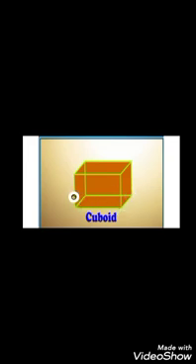Now heights. 9, 10, 11, 12. So like a cube, it also has 12 sides and the same 6 faces. Let's count the corners too. 1, 2, 3, 4, 5, 6, 7, 8. 8 corners. Like a cube, it has 12 sides, 8 corners and 6 faces.